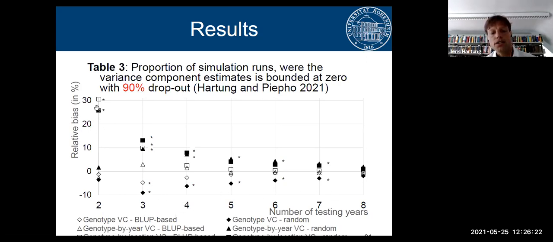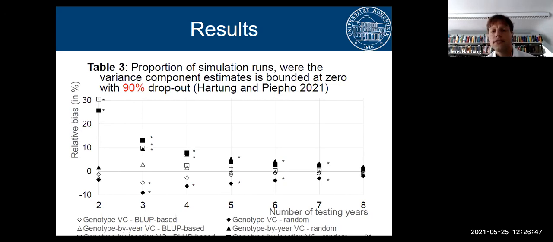The squares are the genotype by location variance, the genetic variance are the polygons, and these signs are the genotype by year variance component. And the asterisks indicated here, you see two asterisks.